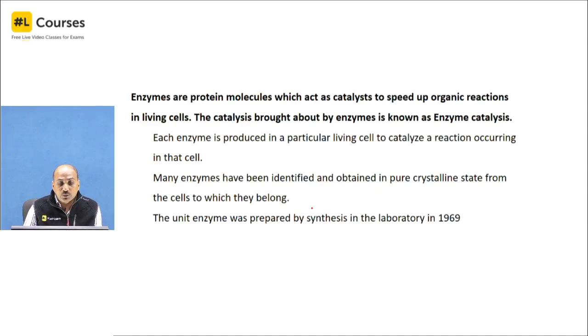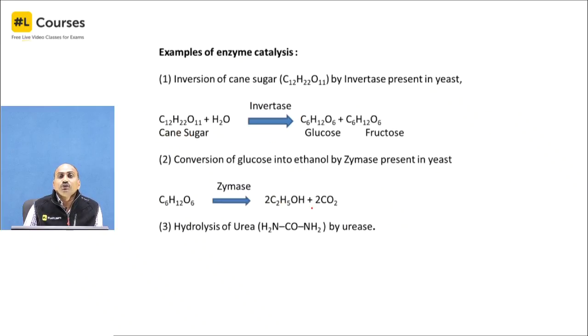Now if we talk about these enzymes, there are many enzymes which are used in biological systems. One example I am going to talk about is yeast, which all of you know contains two enzymes, which are basically used for the conversion of cane sugar into ethanol.